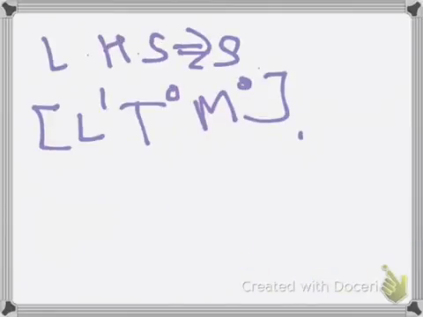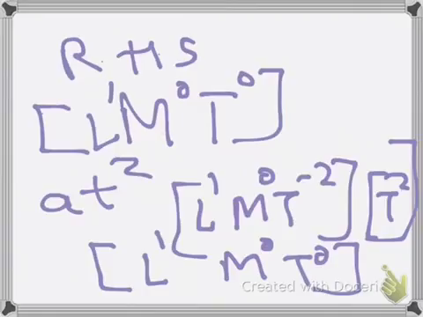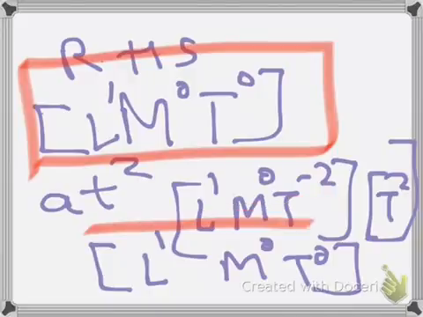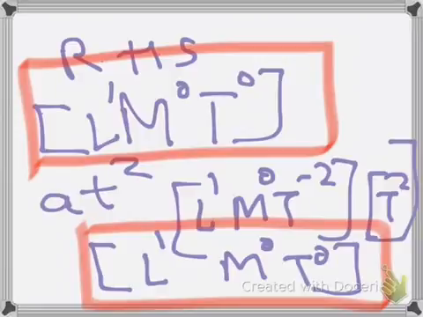So LHS is equal to L1 M0 T0, and the RHS has the same dimensions as well. So to see the correctness of a physical equation, it makes no sense if its dimensions change.